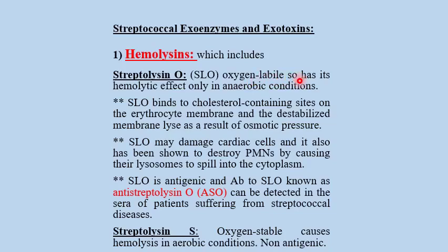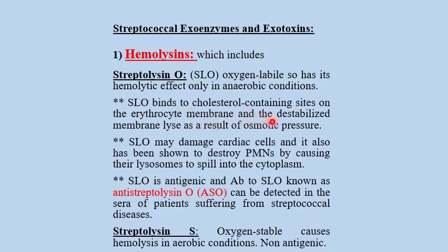This streptolysin O binds to cholesterol-containing sites on the erythrocyte membrane. This is the mechanism of action of this enzyme: it binds with the cholesterol-containing sites on erythrocytes, so it causes destabilization of the membrane.